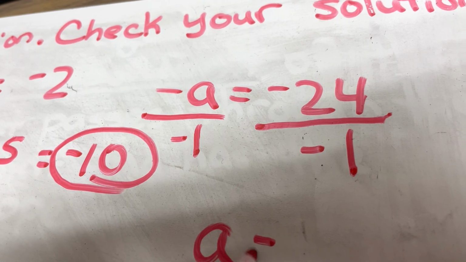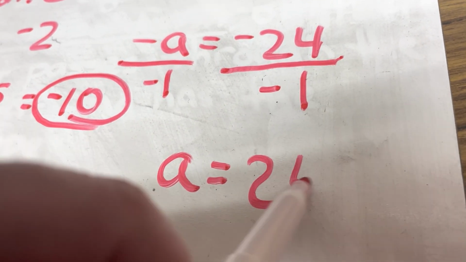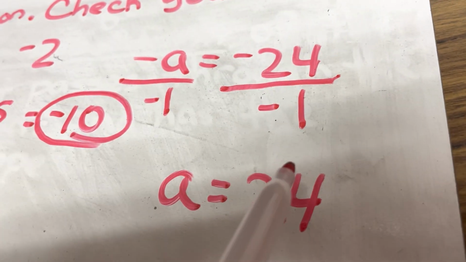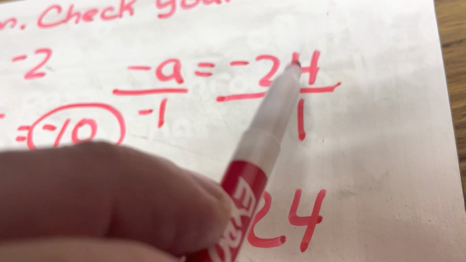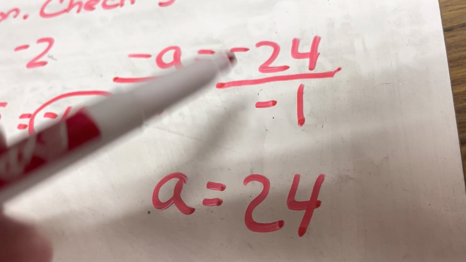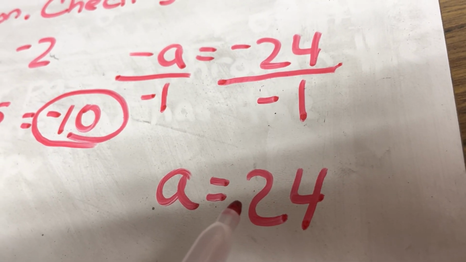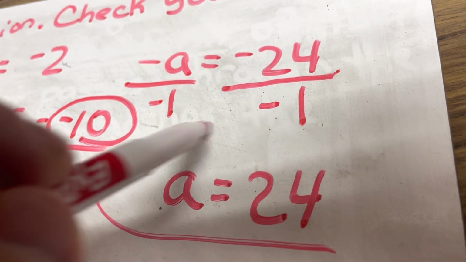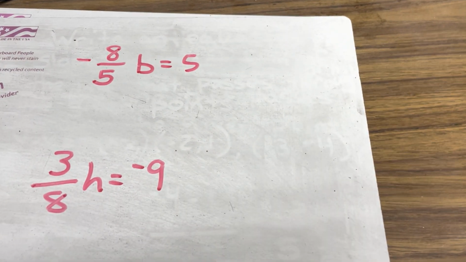Well, -24 divided by -1 is going to be 24, because any number divided by 1 is going to equal whatever the other initial number is. And the two negatives cancel each other out. It means we have to have a positive answer. a equals 24.